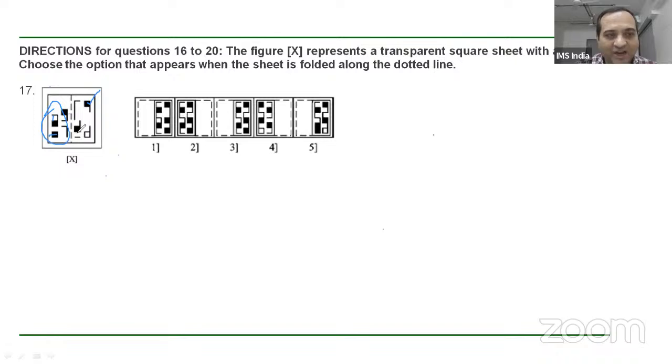And on the left hand side, you will have this one and this one. So only two parts will be there on the left hand side. So two shadings on the left, three shadings on the right. Okay. So if you observe, option 5 gets eliminated. It's between option 1 and 3 for shading on the right hand side.